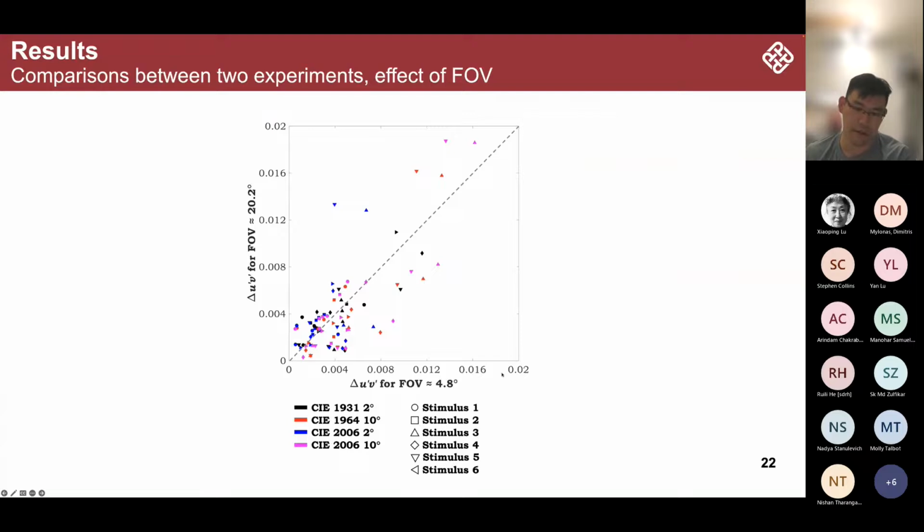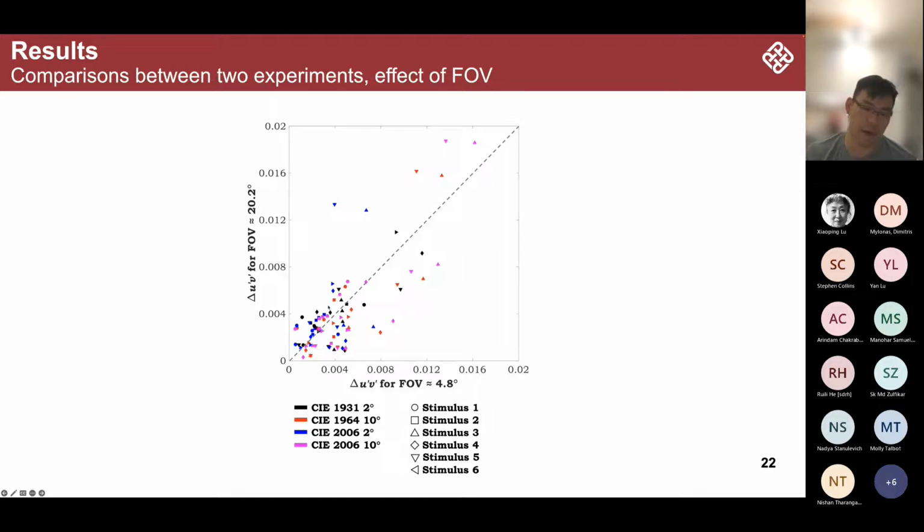The horizontal axis shows the results for the first experiment, the smaller field of view, and the vertical axis is for the larger field of view. The different colors show the delta u'v', the chromaticity differences, using these 4 color matching functions, and the different shapes represent different color matches.